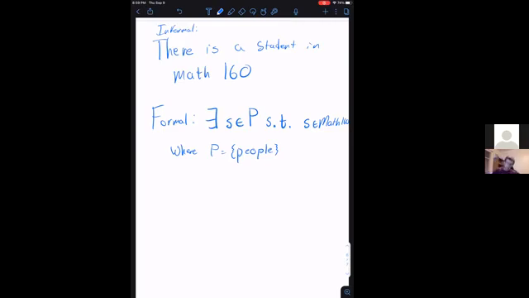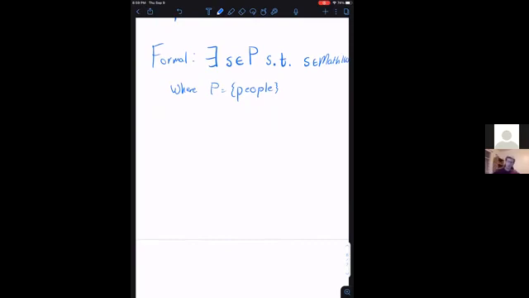So let's talk about our last set of statements here, and it's the universal conditional. What it means is if we have for all x, if P of x, then Q of x.